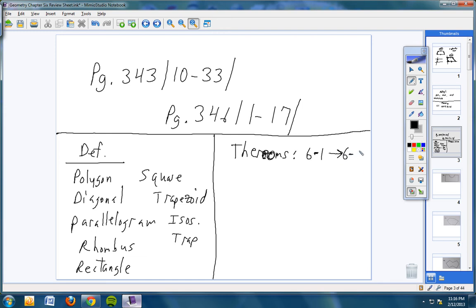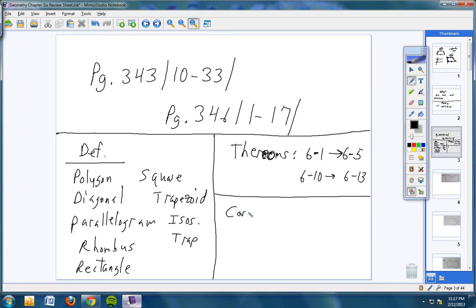Got it? So theorem 6-1 to 6-5. And then we pick up again with theorem 6-10 all the way to theorem 6-13. Okay? So theorem 6-1, 6-2, 6-3, 6-4, 6-5. And then theorem 6-10, 6-11, 6-12, 6-13.